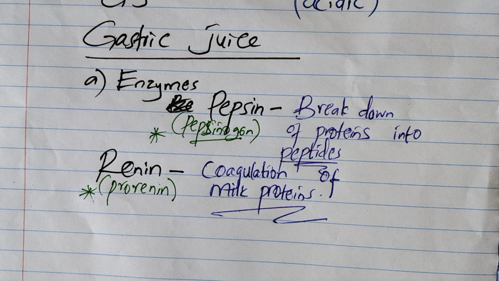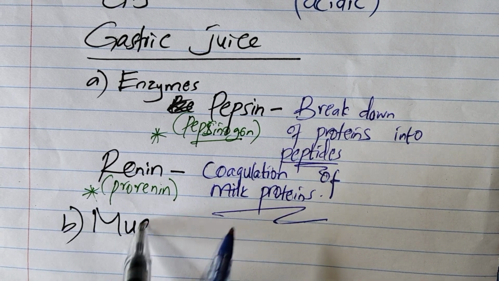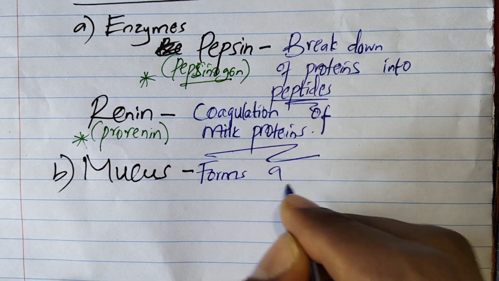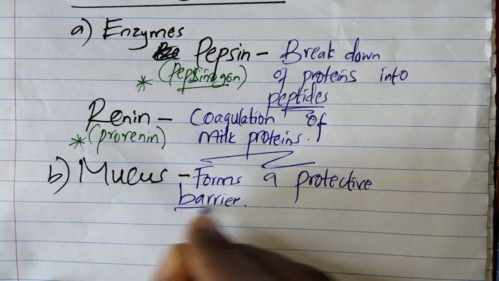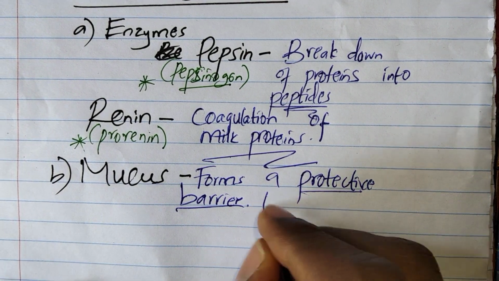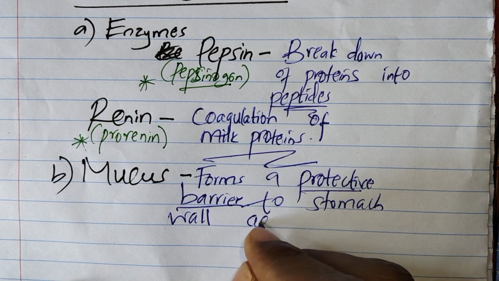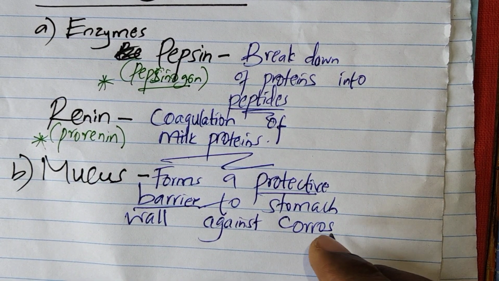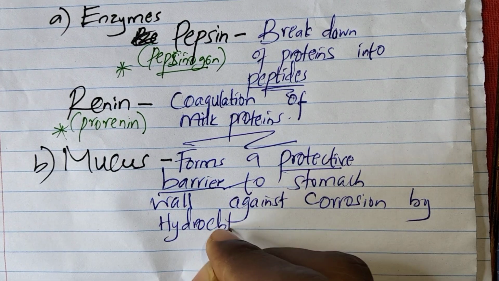The second component is mucus. Let us talk about mucus. Mucus forms a protective barrier to the stomach wall against corrosion by hydrochloric acid.